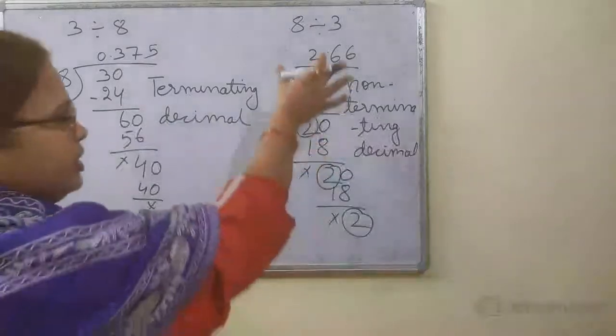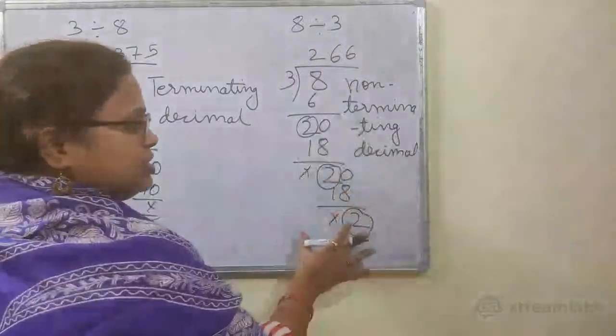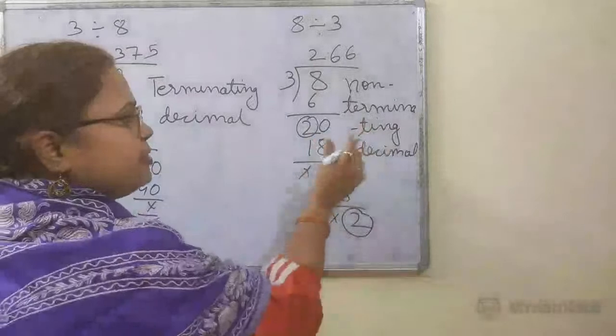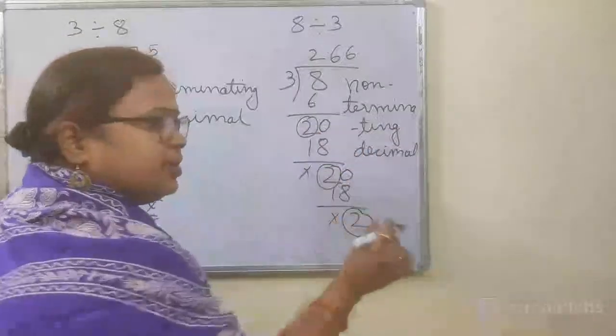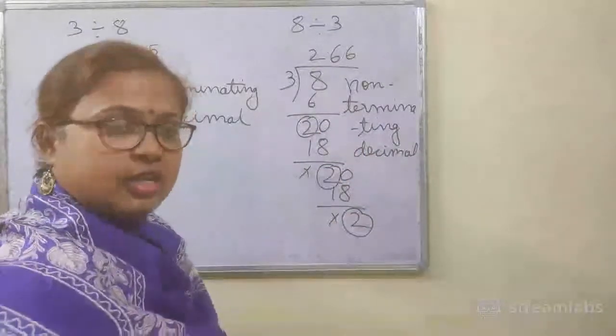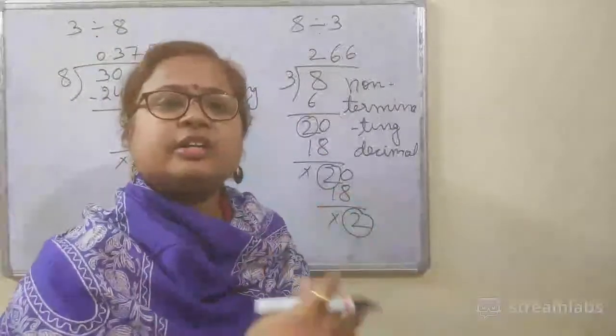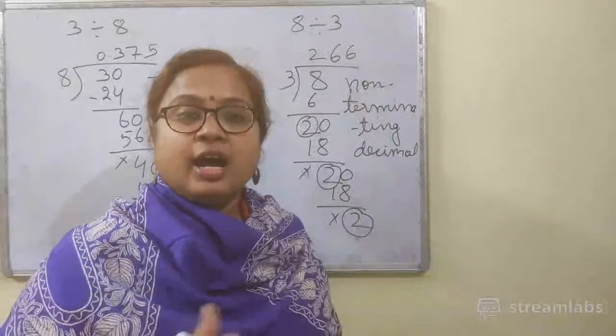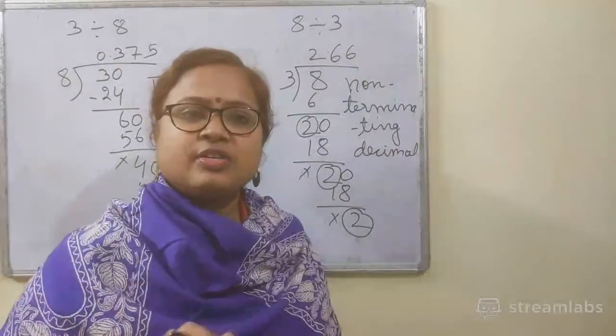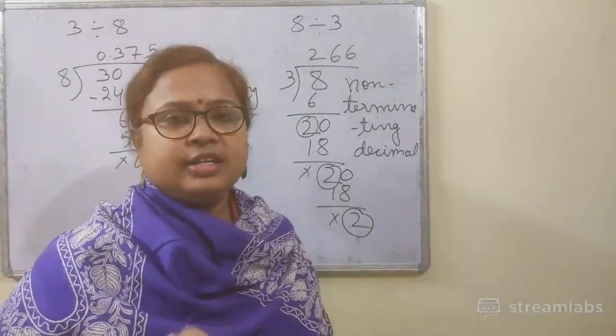Now, just focus on this decimal. In this decimal, what is happening? The remainder is repeating every time. As long as we continue the division, the remainder repeats. And this type of decimal is called a recurring decimal.